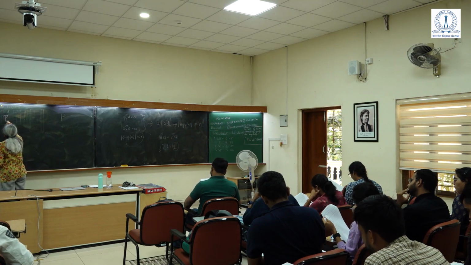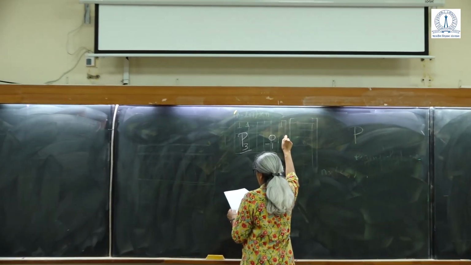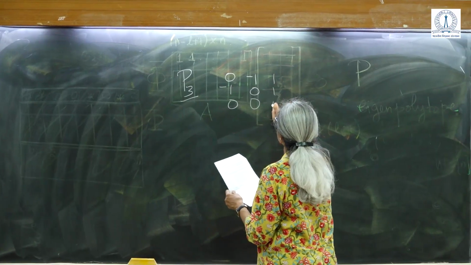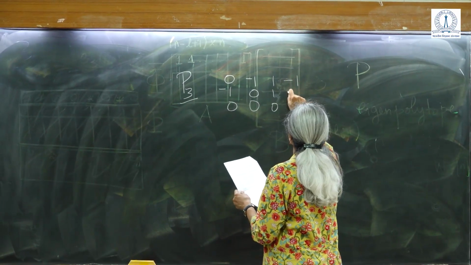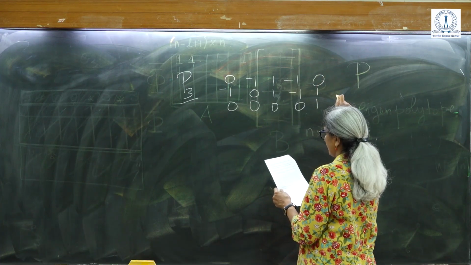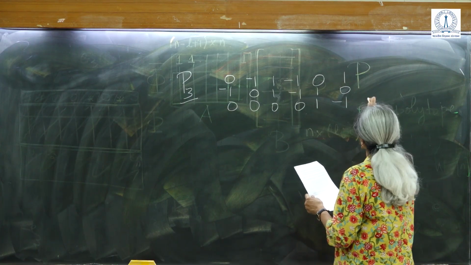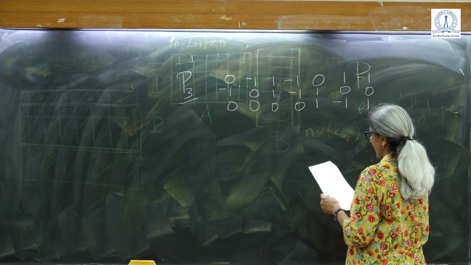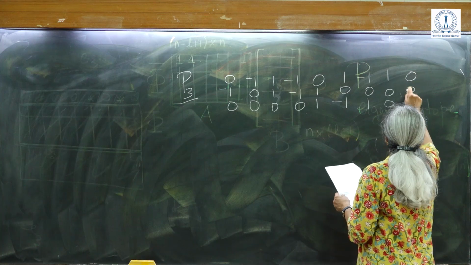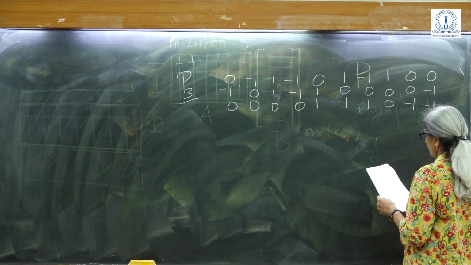So let's try P3 for example. So the columns are 0, -1, 0, -1, 0, 0, 1, 1, 0, -1, -1, 0, 0, 1, 1, 1, 0, -1, -1, 0, 1, 1, 0, 0, 0, -1, -1.